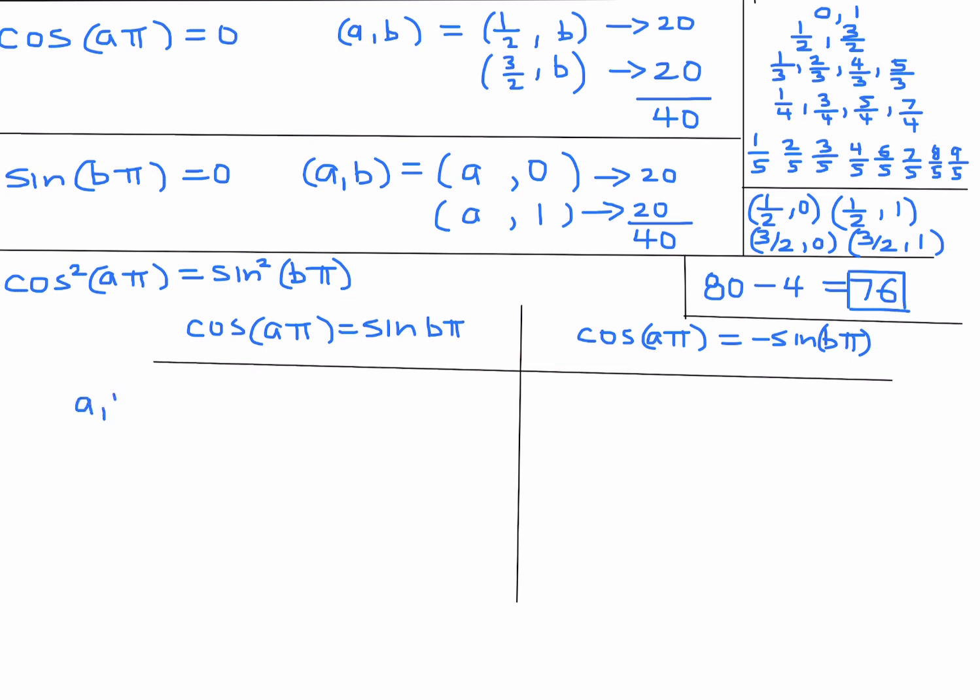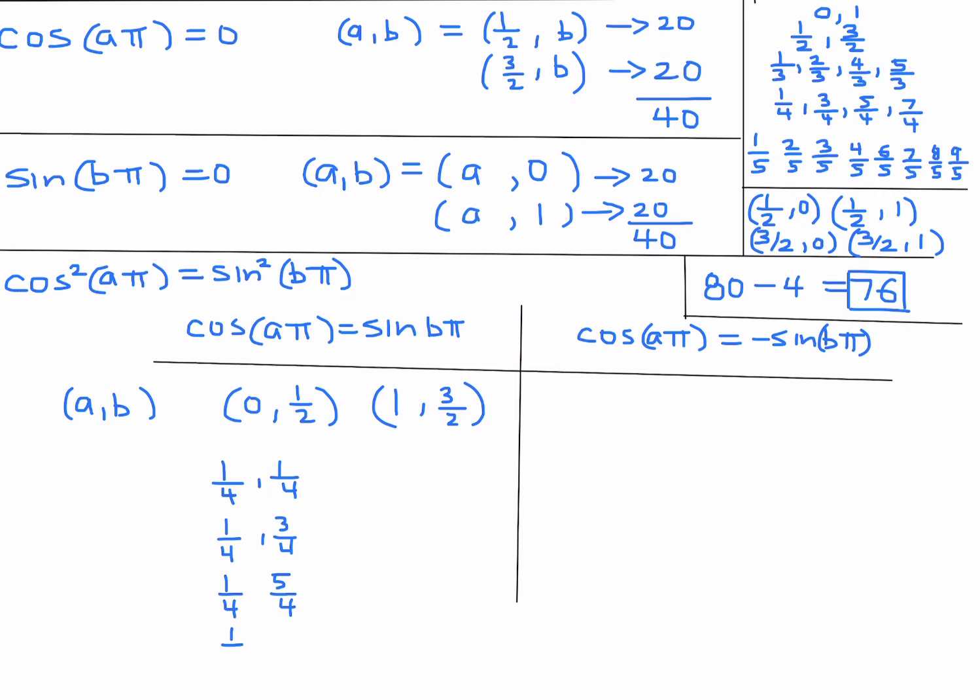The possible a's and b's are as follows. You can have 0 and 1/2, or you can have 1 and 3/2. And then that takes care of this row. Then the only other ones happen in this row. And those are as follows: 1/4 and 1/4, 1/4 and 3/4, 1/4 and 5/4, 5/4 and 5/4, and then 3/4 and 7/4.